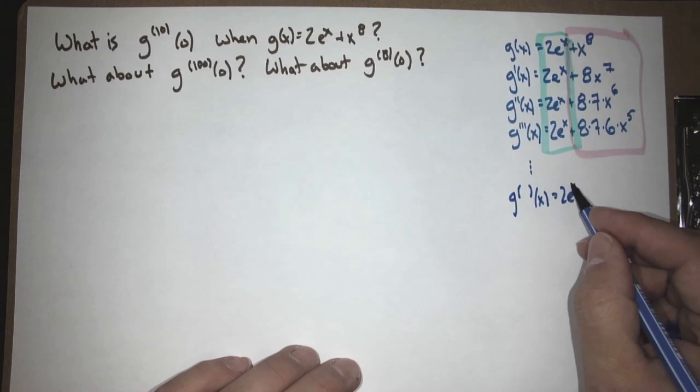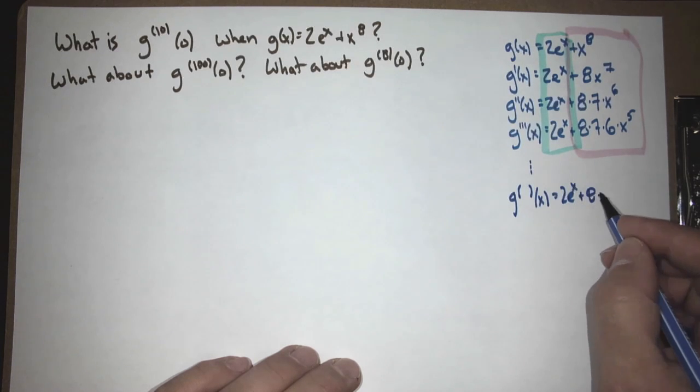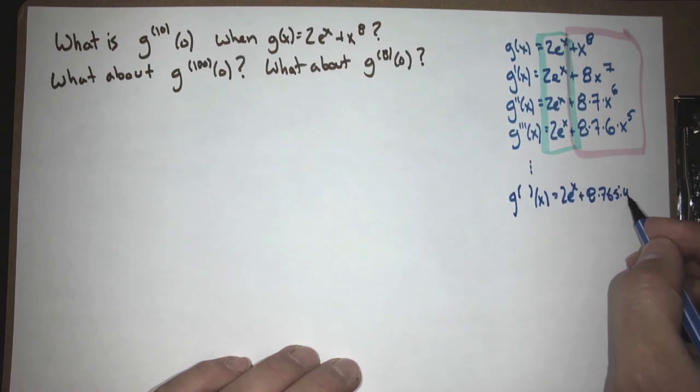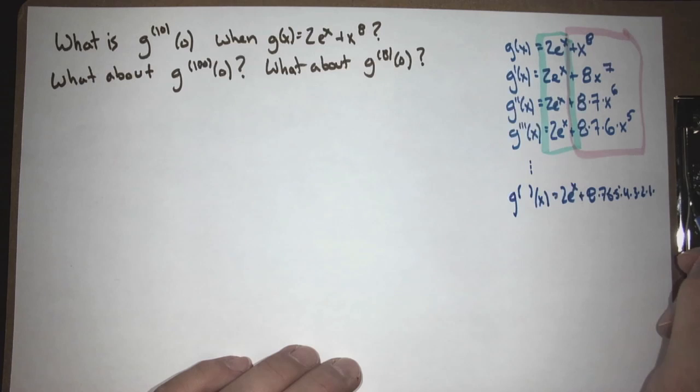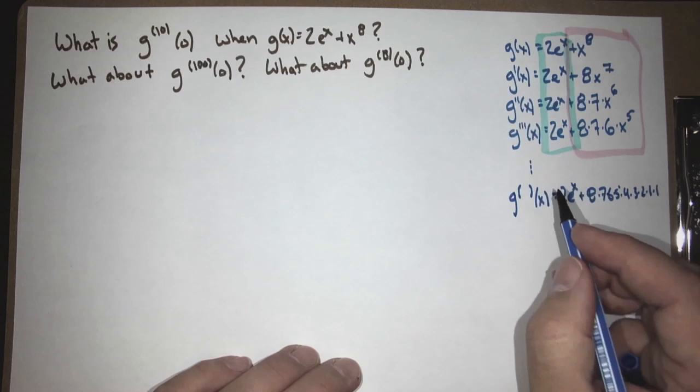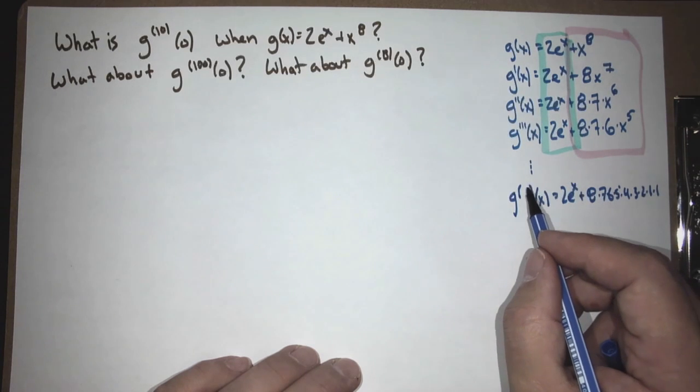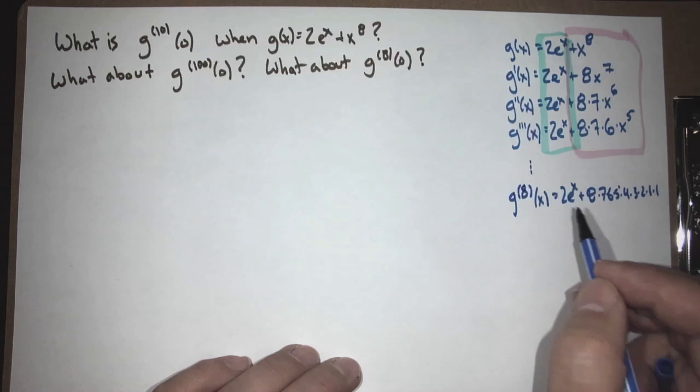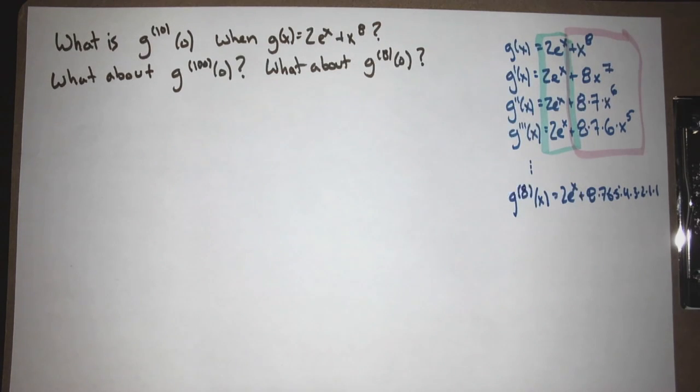We have that 2e to the x. We'll have 8 times 7 times 6 times 5 times 4 times 3 times 2 times 1 times x to the 0. X to the 0 is also known as 1. What derivative does that happen? The 8th derivative. Because every derivative, the power goes down by 1.